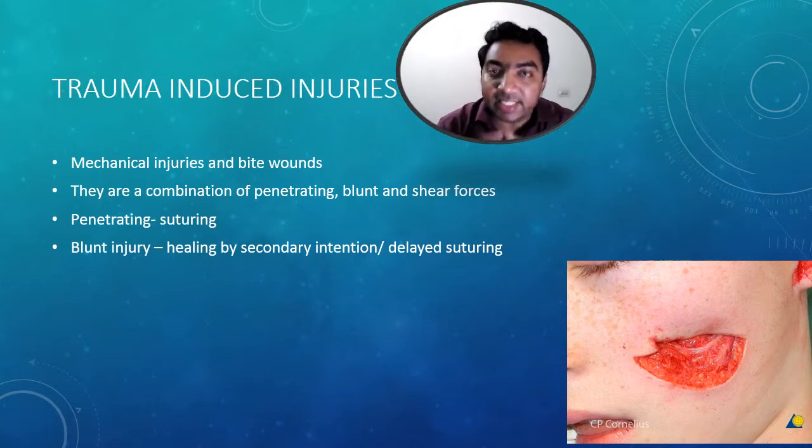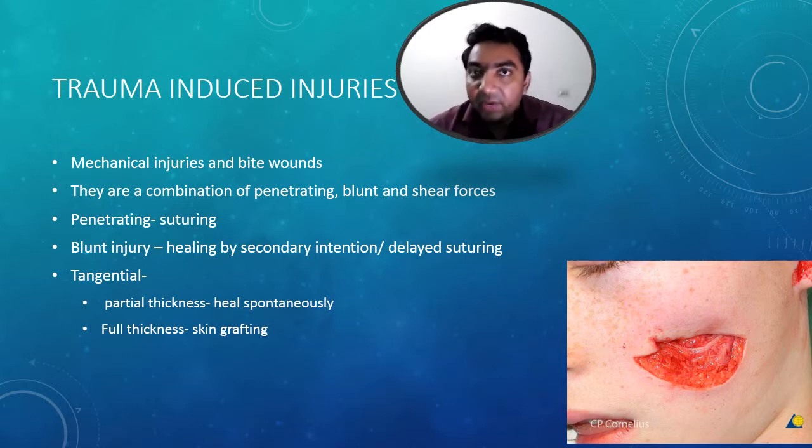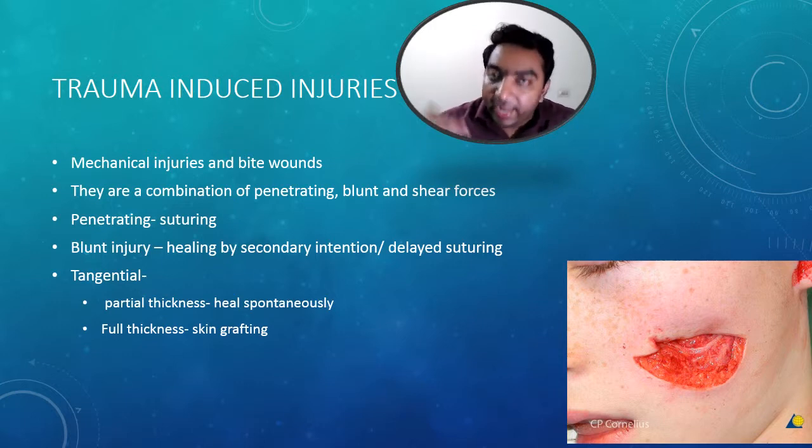If the tangential component is the predominant thing, if it is a partial thickness injury like an abrasion, it will heal spontaneously. Suppose it is a full thickness injury like an avulsion wound, we will have to go for skin grafting, either the avulsed skin itself or a split thickness grafting from another site.